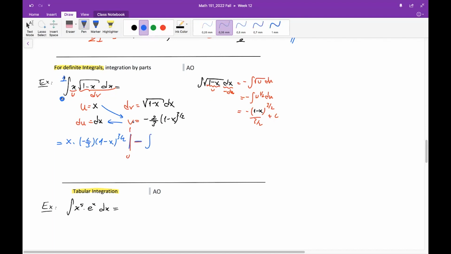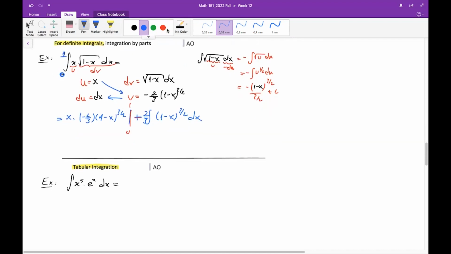So you see, this times this. So minus integral, this expression times this. Since this is also minus, it will become a plus. This goes out like that, dx. The boundaries of the integral are obviously from 0 to 1.